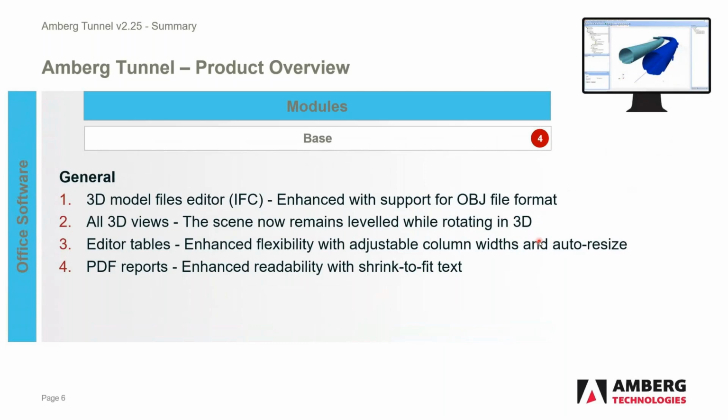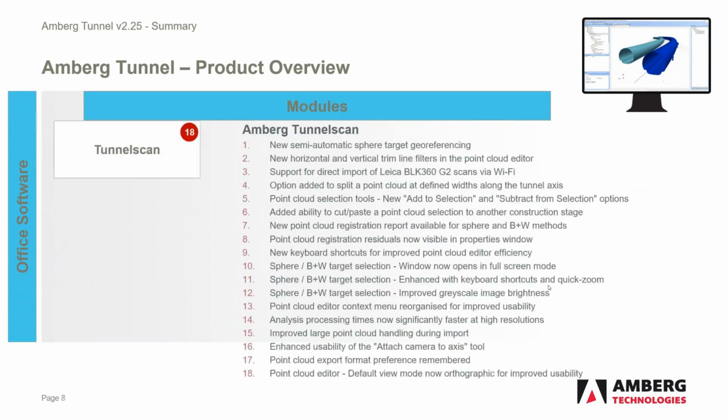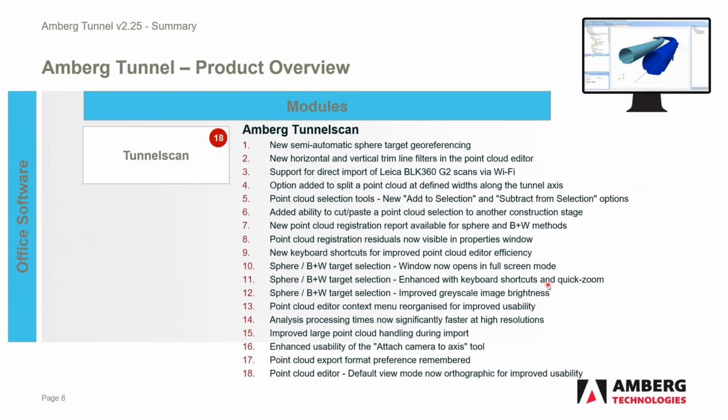I'm not going to read this down. I'm only going to show you the one we're going to have a more detailed live demo on. On the tunnel scan, there are 18 of them. And you can see there are a lot of improvements we have done.